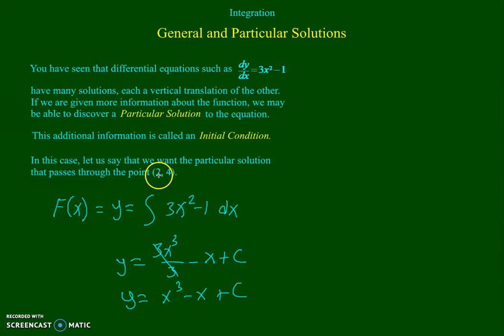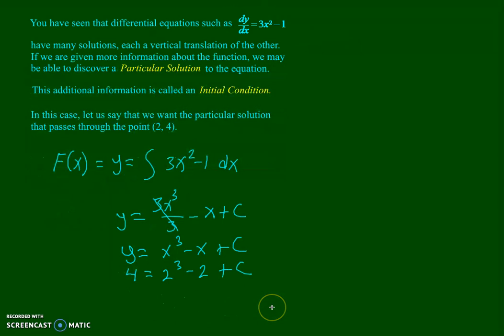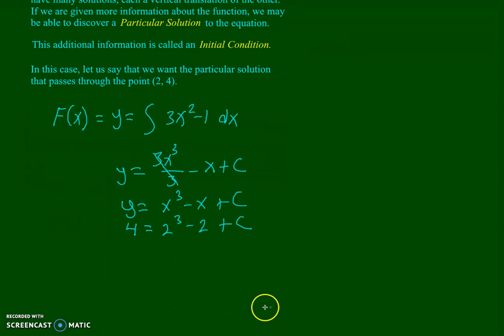Now let's use our initial condition. So we have a point (2, 4). So we know our x is 2 and our y is 4. So 4 equals 2 to the third minus 2 plus c. So this gives us 4 equals 8 minus 2 plus c. 4 equals 6 plus c.